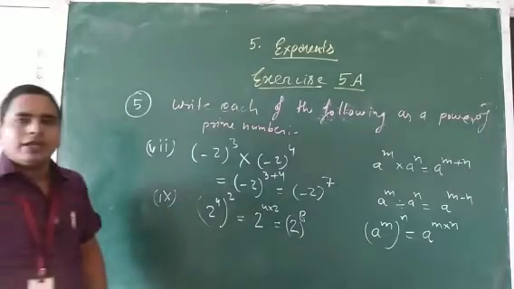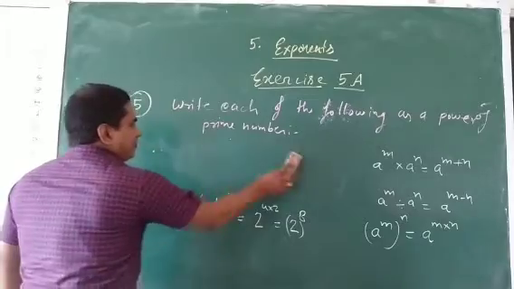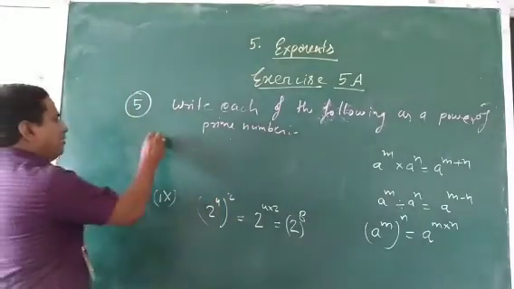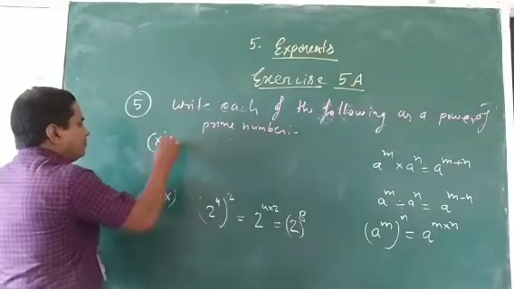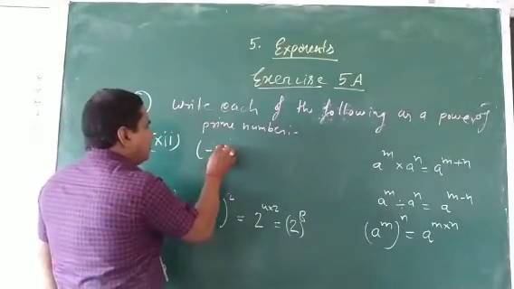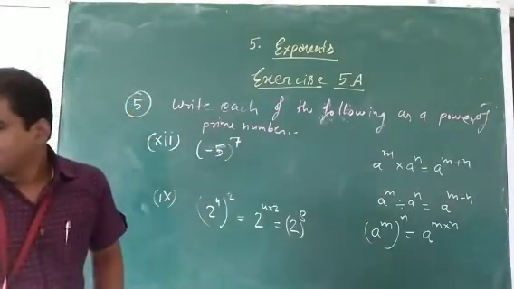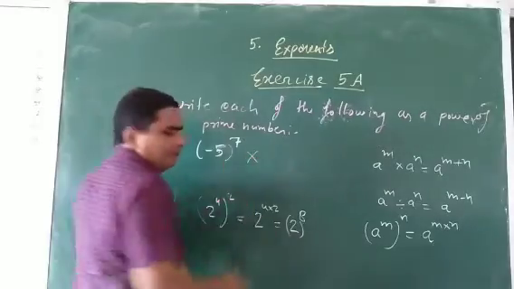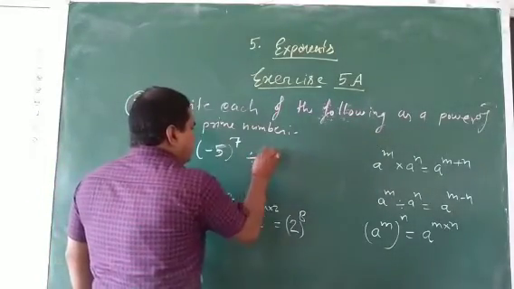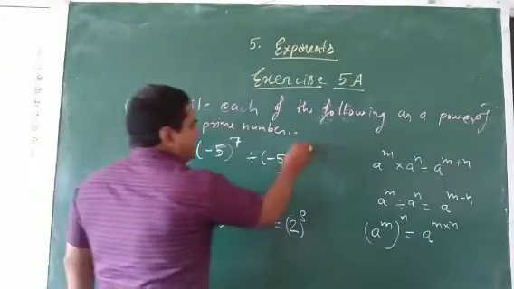12th one. Okay? Which question? 12th question of this same 5th one, 12th part. What is given? Minus 5 to the power 7 divided by minus 5 to the power 4.